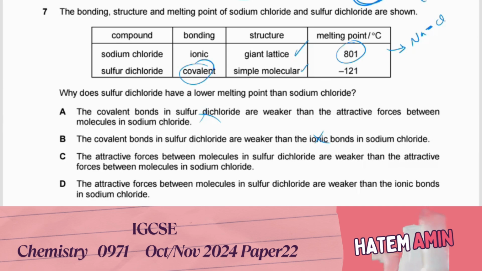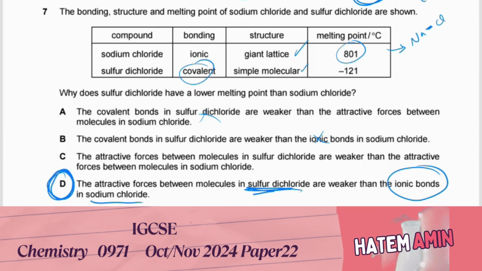No, we are talking about the kind of bond and the intermolecular forces. The attractive forces between molecules in sulfur dichloride are weaker than the ionic bonds in sodium chloride. Yes, this is the correct answer.